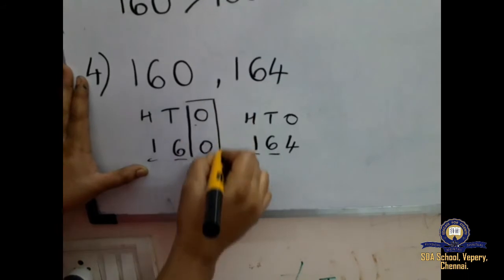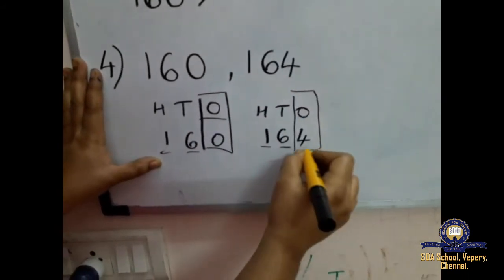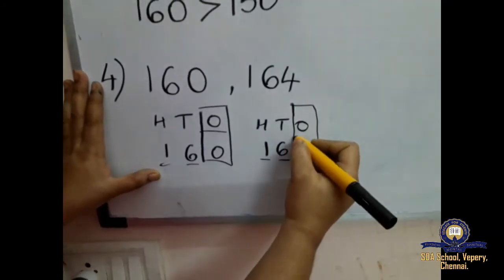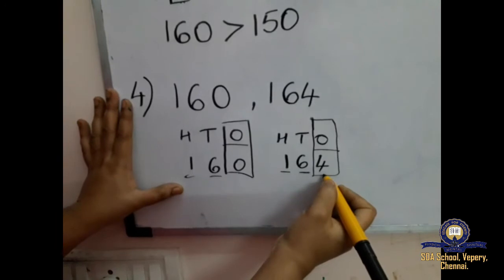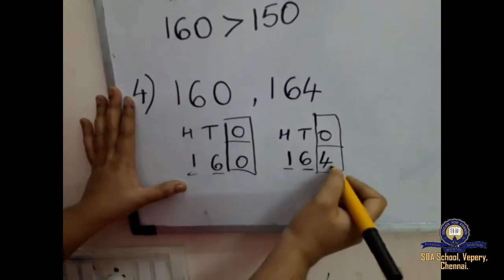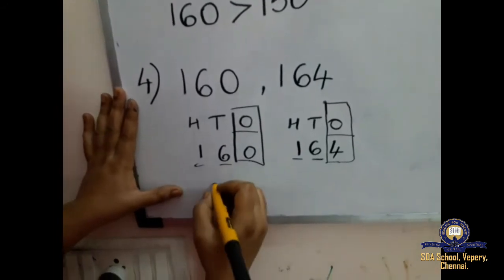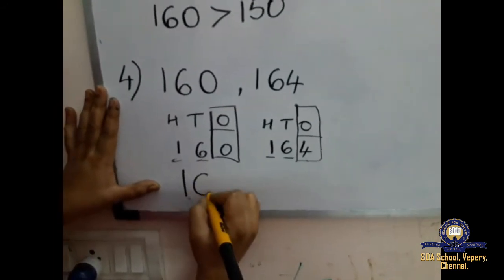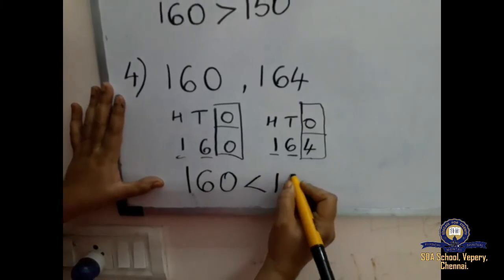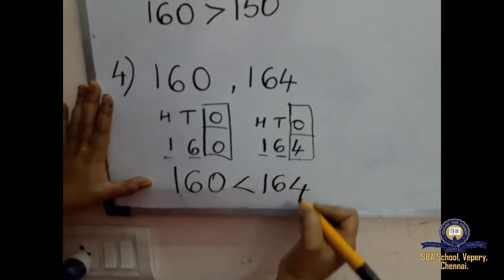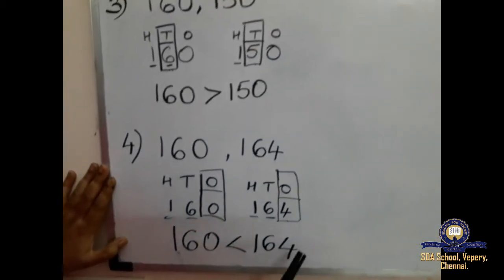In the ones, which is more number here? 0 is more or 4 is greater? Obviously 4 is greater. So easily we can identify it as 160 is less than 164.